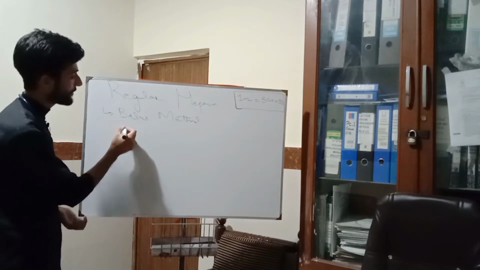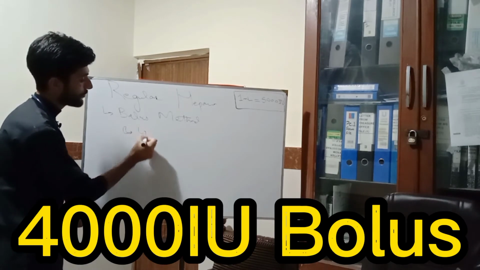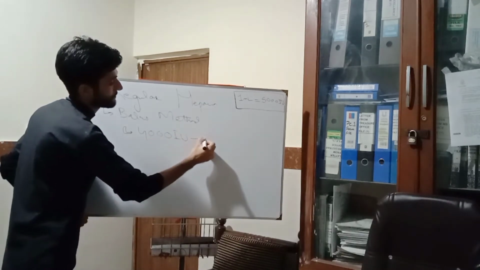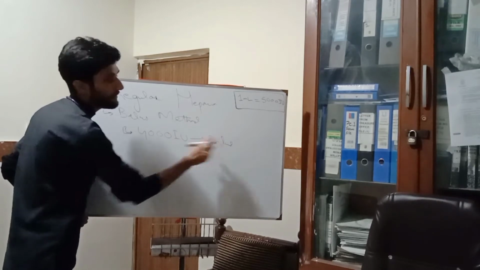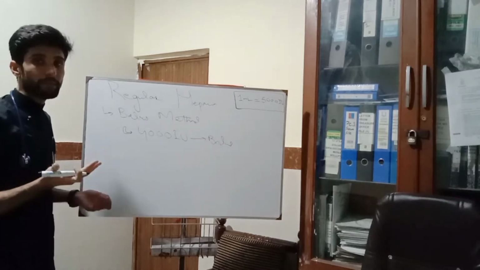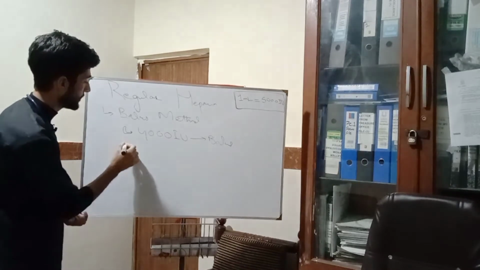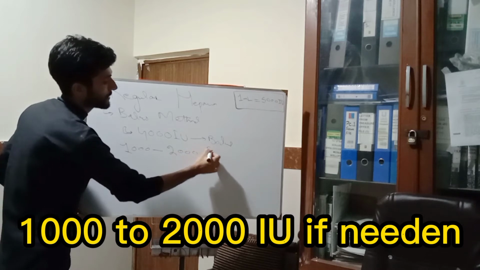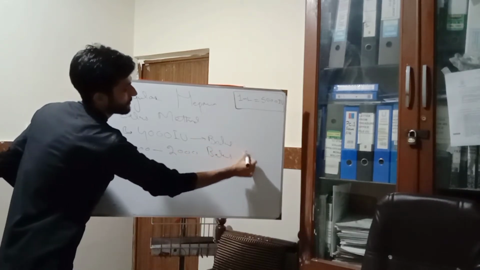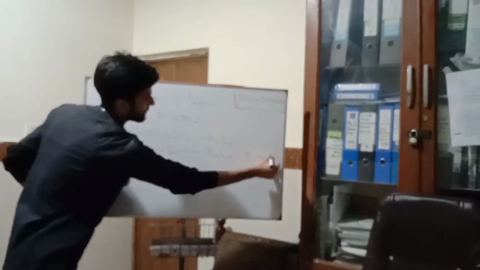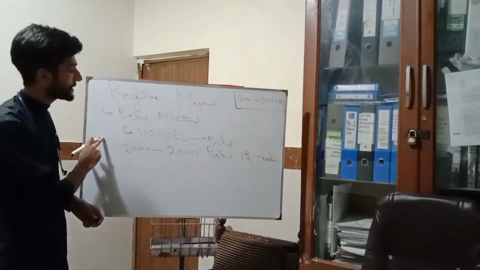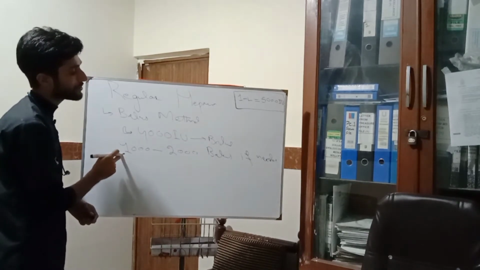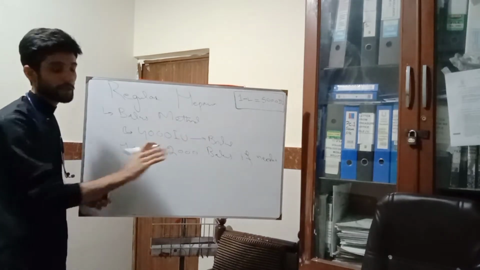In the bolus method we have to give a 4000 international unit bolus in the venous needle, and if there is a need for more heparin, you have to give a 1000 to 2000 bolus if needed. Okay, this was the bolus method: 4000 international unit bolus in the venous needle, and then 1000 to 2000 bolus if needed.